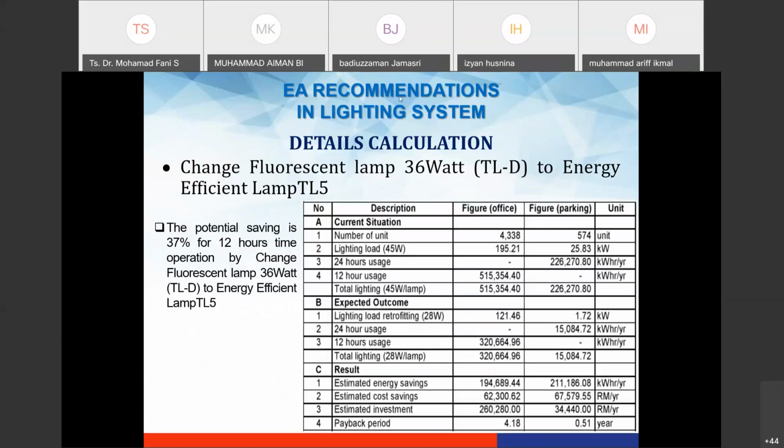This slide shows the detailed calculation for the investment. So we can come up with the payback period for the office and the parking, changing from 36 watt conventional fluorescent lamp to energy efficient T5. The ROI, the simple payback, we can calculate like this.